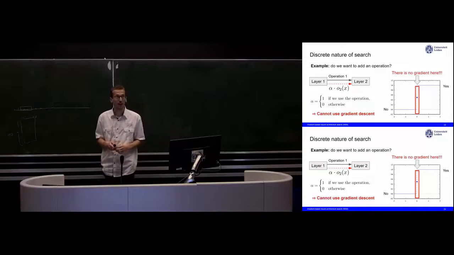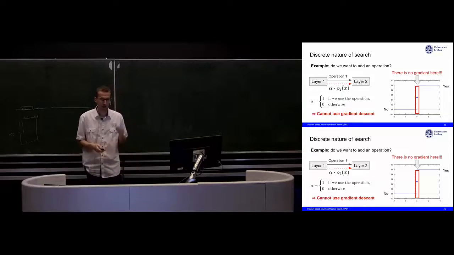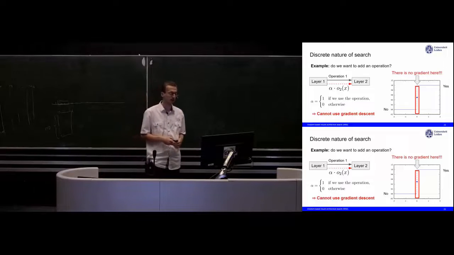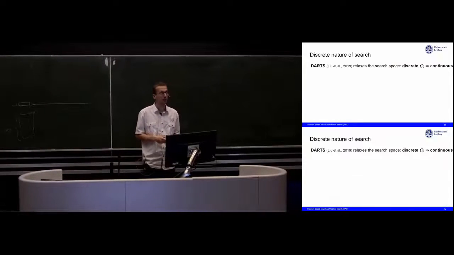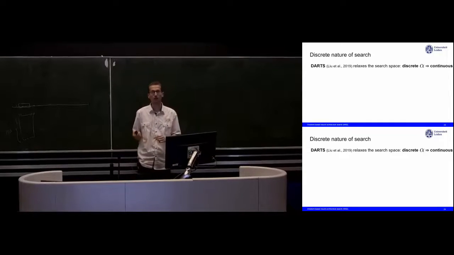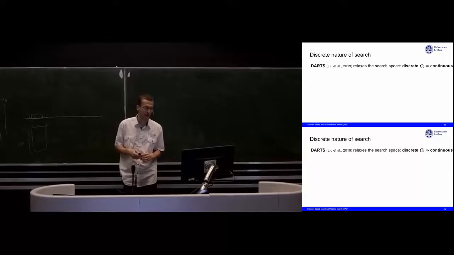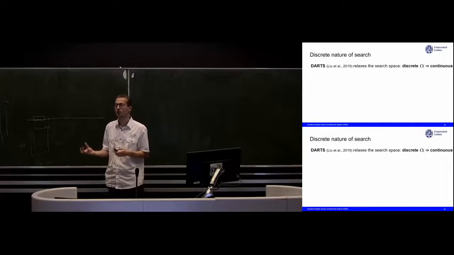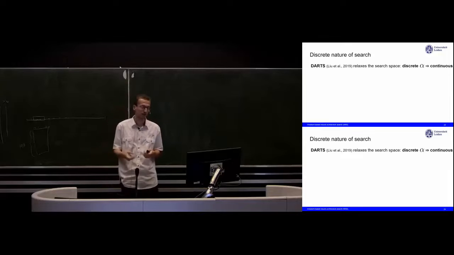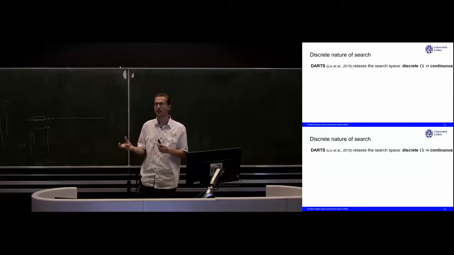Now we're going to take a deep dive into one method that actually overcomes this issue, and that's DARTS, which was proposed in 2019 by Liu et al. Their idea is to relax the search space. So instead of trying to find a discrete architecture coefficient A, or alpha, we're going to allow it to be continuous.